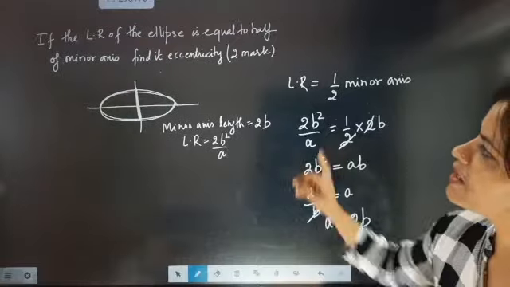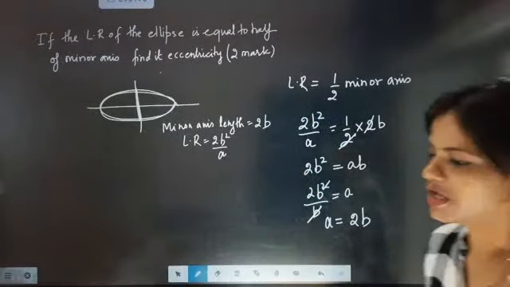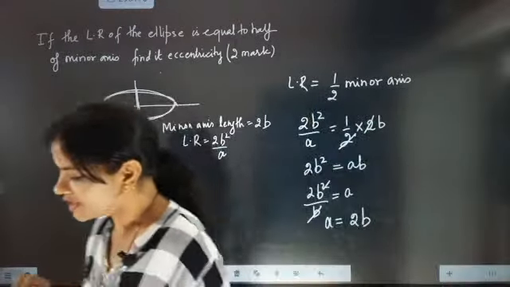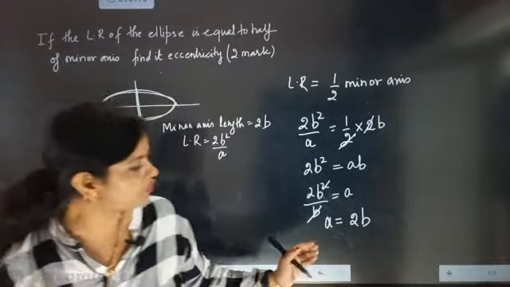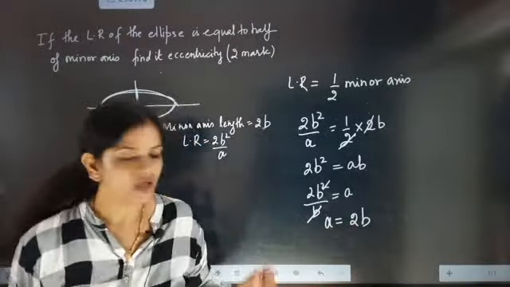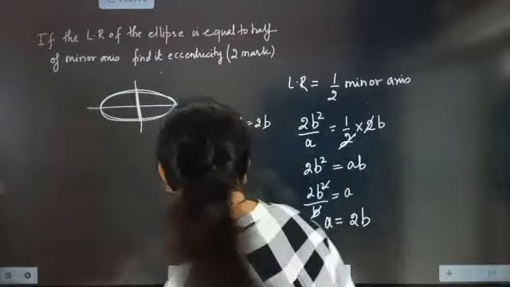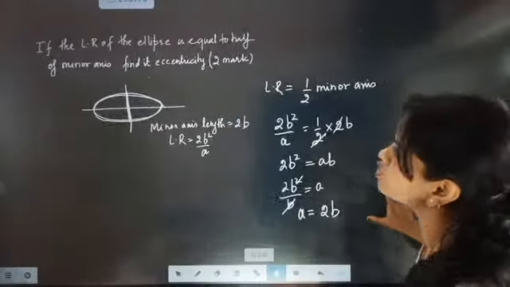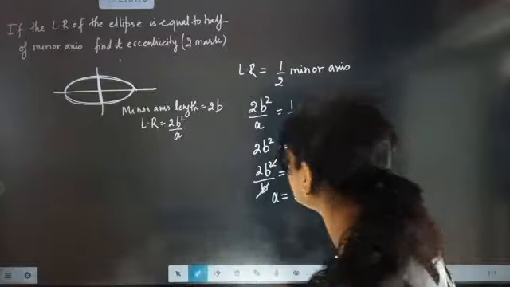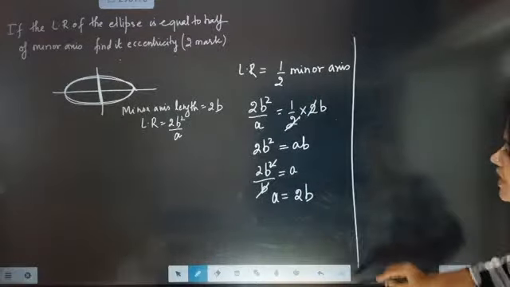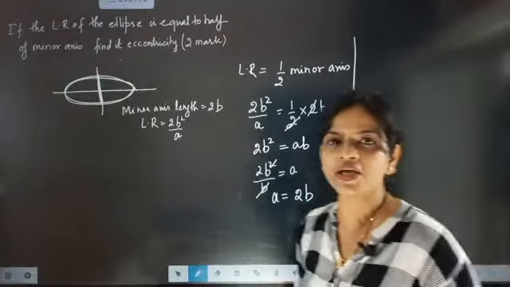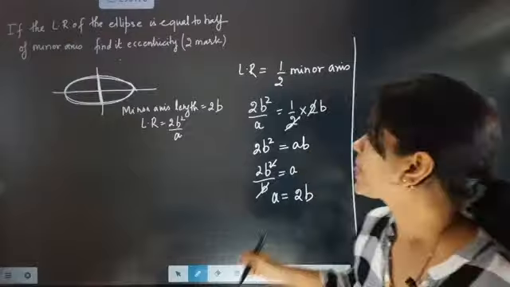They are telling us to find its eccentricity, so 100% its eccentricity we have to find. We got a as 2b. Just one small work you have to do. Once you got a as 2b, Arvind, anybody solved the question? No answer I am seeing here. So a is equal to 2b and we have to find the eccentricity.